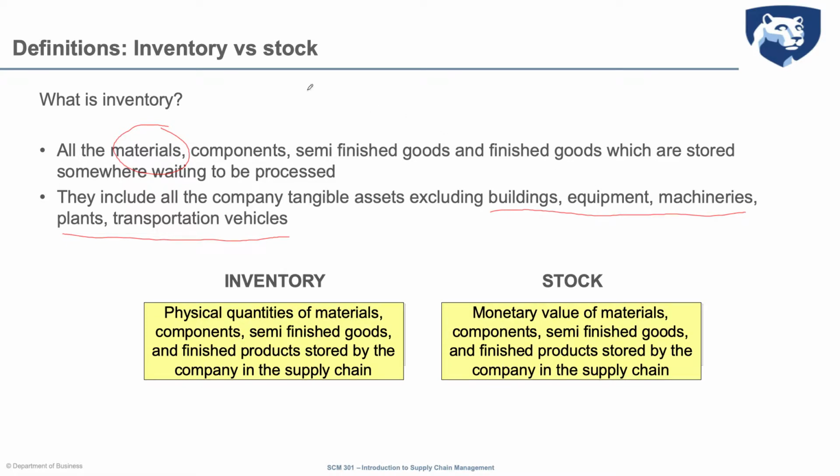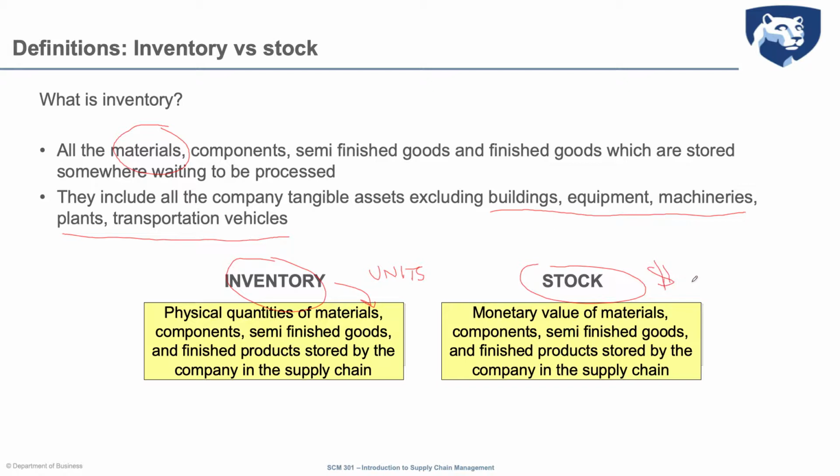In particular, as I anticipated in the first class, there is a distinction between inventory and stock. The difference is that inventory is the physical quantity of materials, components, and finished goods. These are the physical units that you have in inventory. There is another way to call inventory, which is stock.